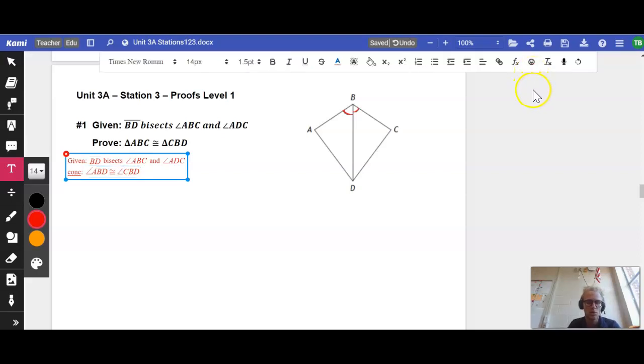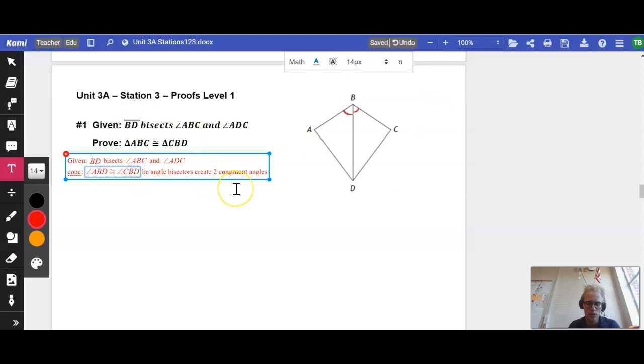Think of what the conclusion will be. If you want to pause the video, you can. Okay, if you wanted to, you could have this be all in one conclusion.